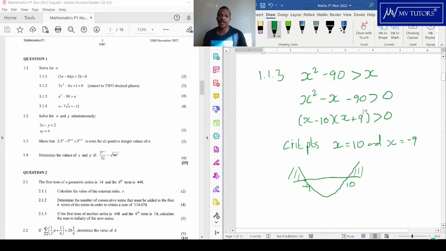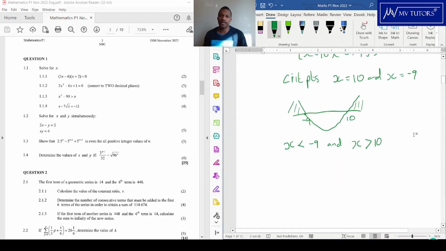Now, there are many ways to write this down. You can say it's values of x that are less than minus 9 and values of x that are greater than 10. So one way of writing it. Another way of writing this, well, there are many ways.